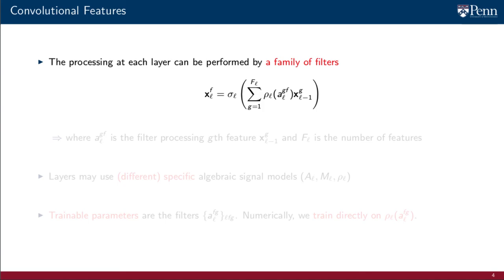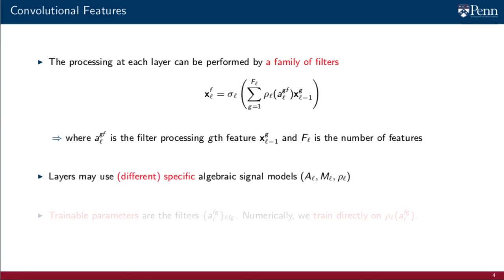The latter are first aggregated over the input index G and then pass through the nonlinearity and the pooling sigma sub L to output features at layer L. Here, A sub L superindex GF is the filter processing the G feature X sub L minus 1 superindex G, and F sub L is the number of features at layer L.